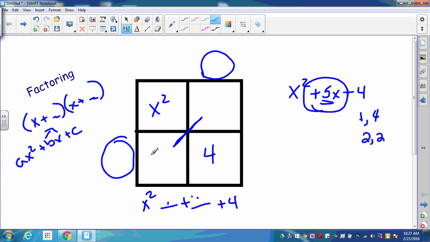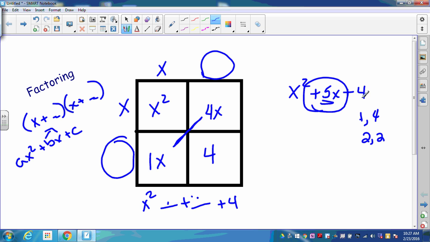So I'm going to come back over here to my box. I know that 1x plus 4x is going to give me that 5x. Now we can write what we know about our binomials. We know that x times x gives us x squared. So we know we're going to have an x here, and we know we're going to have an x here.